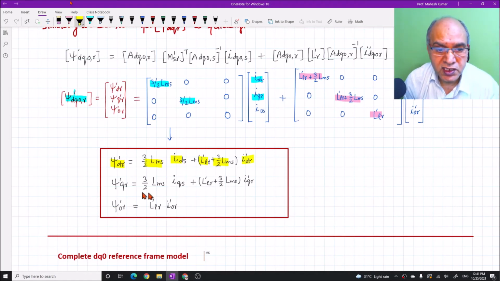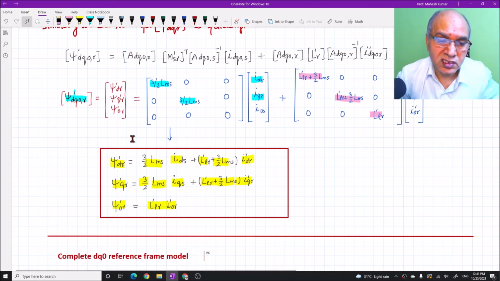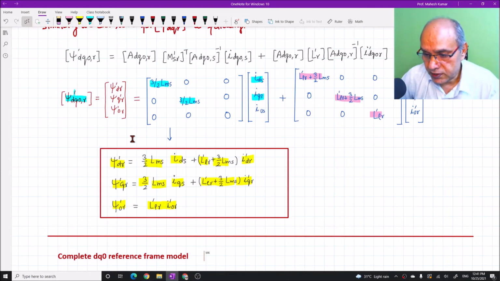This is for the second variable, psi QR dash equals 3 by 2 LMS IQS plus LLR dash plus 3 by 2 LMS into IQR dash. And the last equation is psi 0R dash equals LLR dash I0R dash. So these 6 equations are the flux linkage equations on the stator side and on the rotor side.